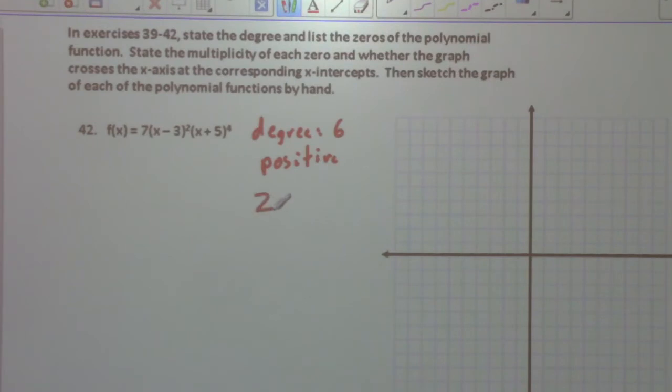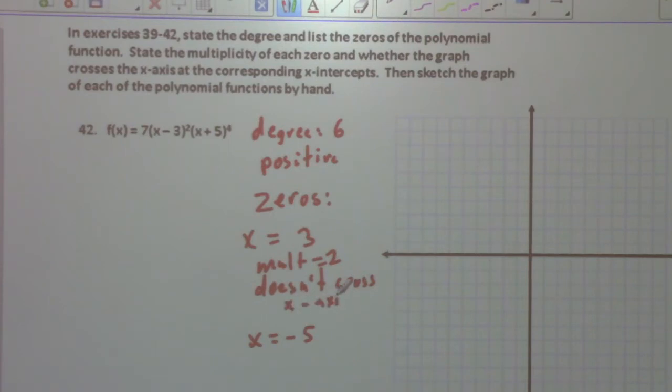Now we're going to go ahead and accumulate our zeros. x equals 3. I'm going to write down here x equals -5. Multiplicity 2. So this one here, multiplicity equals 2. Crosses or does not cross? Does not cross. Okay, doesn't cross the x-axis.